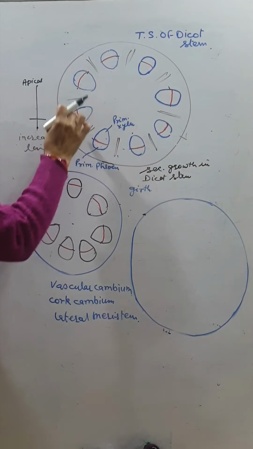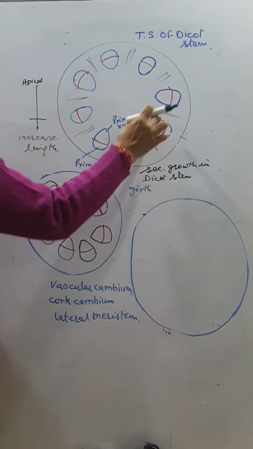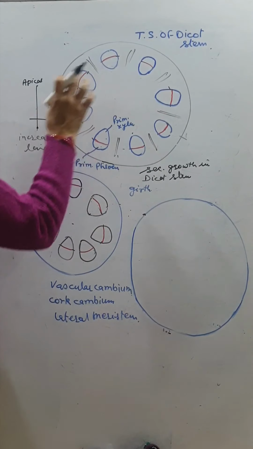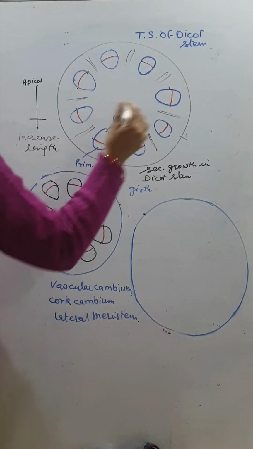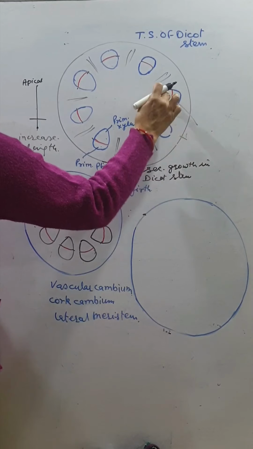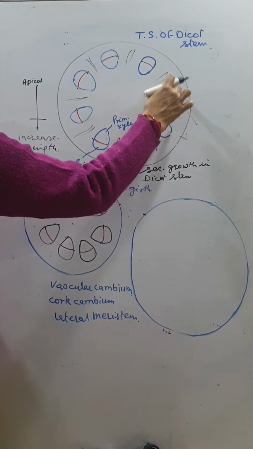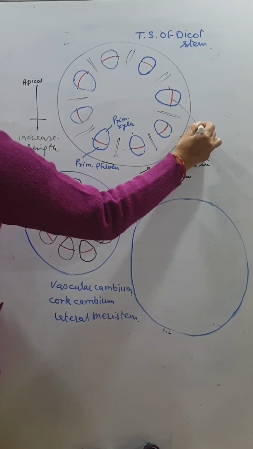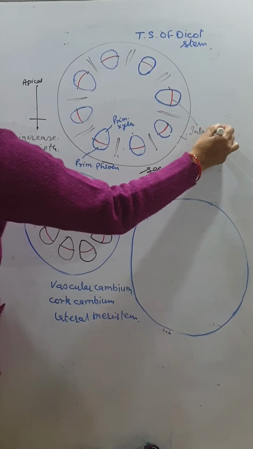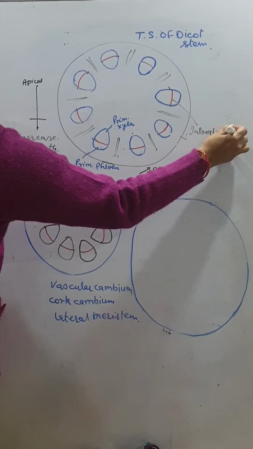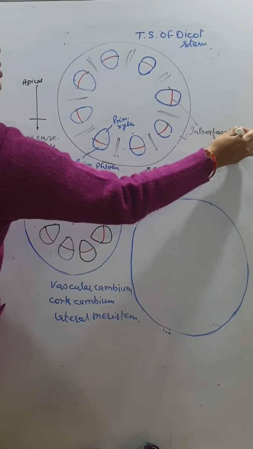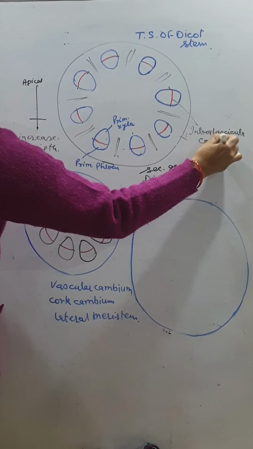These medullary rays become meristematic and form the interfascicular cambium. The cambium between the primary xylem and primary phloem is the intrafascicular cambium.